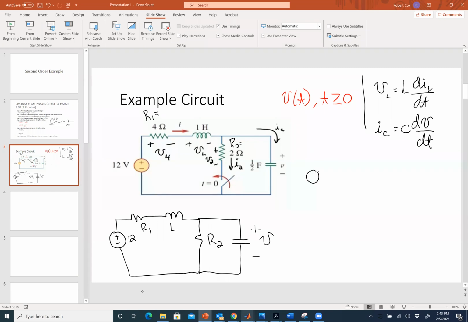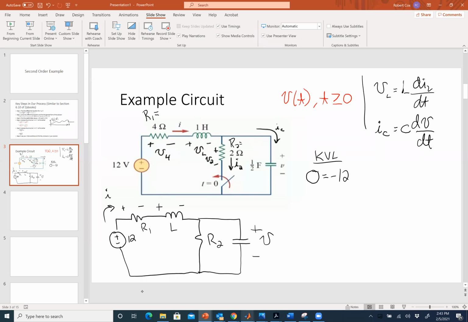So how would I do that? Again, what I do is I make sure I've got everything labeled properly here. And I have I going this way. So 0 equals, when I do my KVL equation, 0 equals minus 12, right? I go plus to minus on the 12-volt source. Then what do I do with the resistor R1?